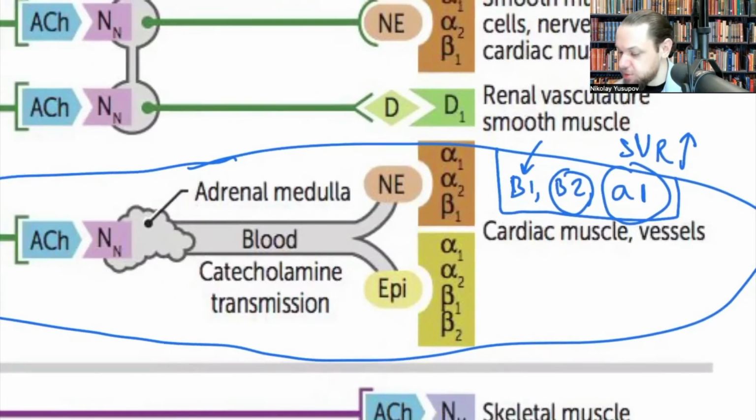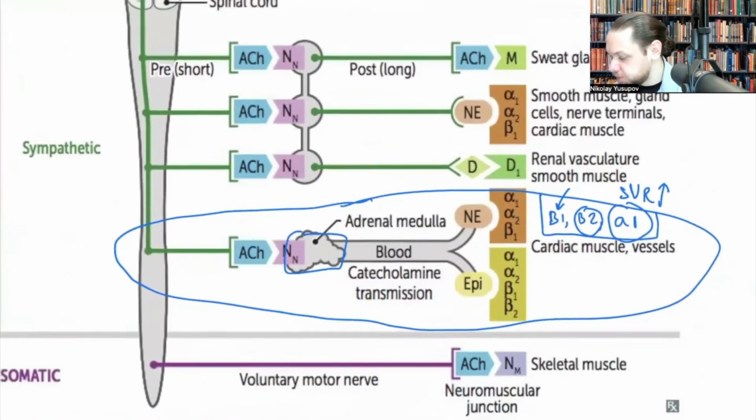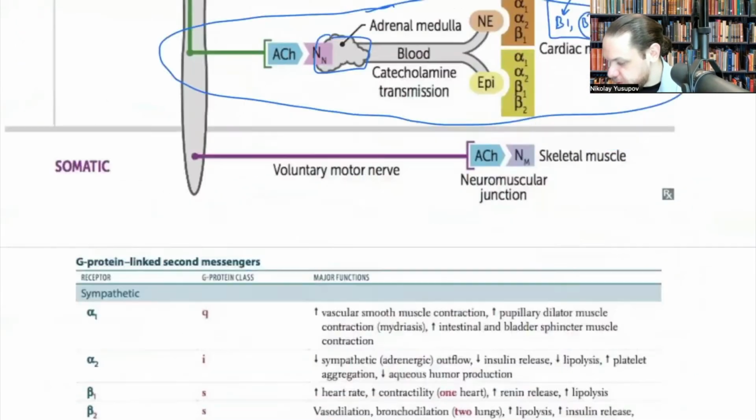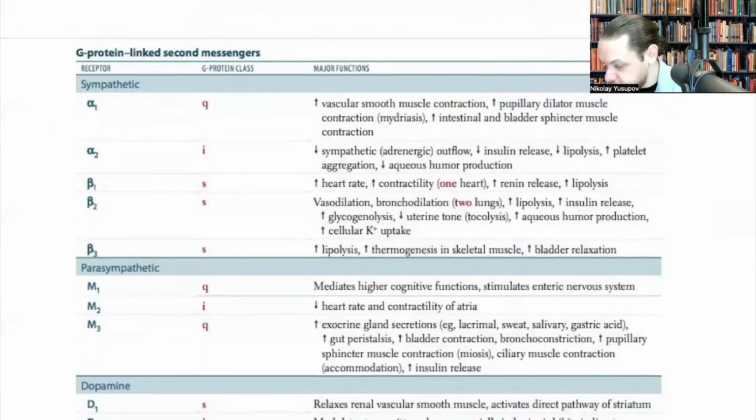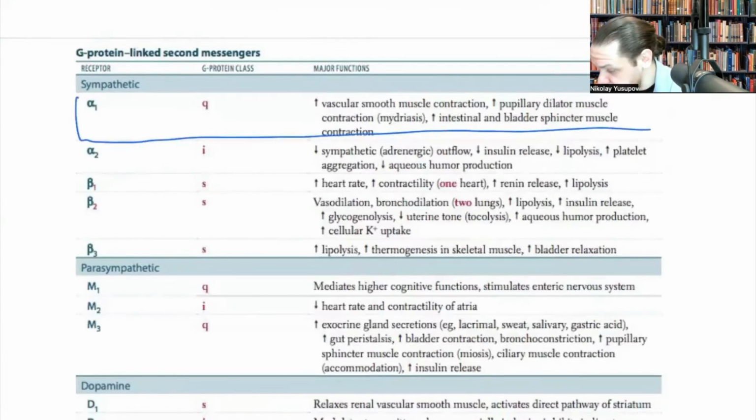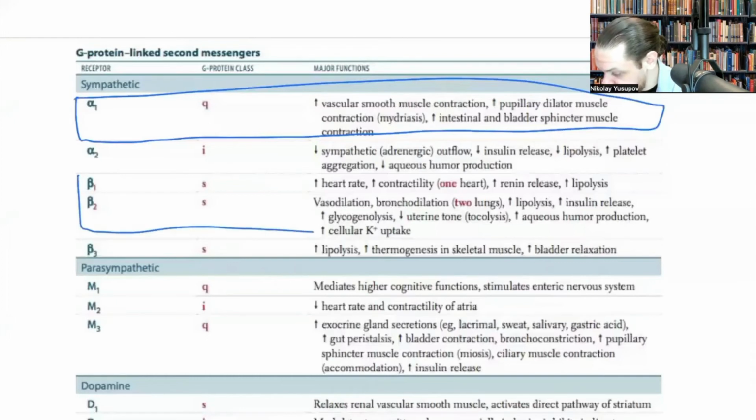Here we see the adrenal medulla, as I said, it's towards the inside, and it secretes epi and norepi, and the response is going to be similar once it binds to the target receptor. So this is what we want to know. So alpha 1, and we said these two.